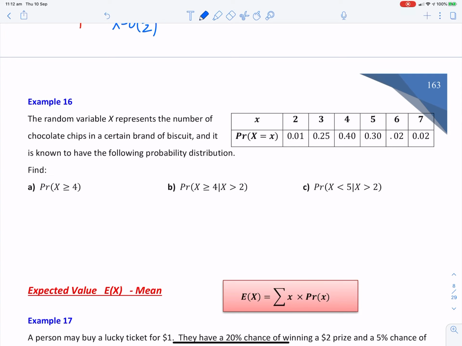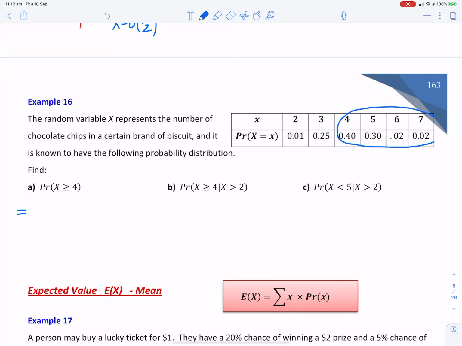Okay, the random variable x represents the number of chocolate chips in a certain brand of biscuit, and it's known to have the following probability distribution. So the probability of getting 2 chocolate chips is 0.01, 3 is 0.25, 4 is 0.40, 5 is 0.30, etc. Find the probability of getting more than or equal to 4 chocolate chips.